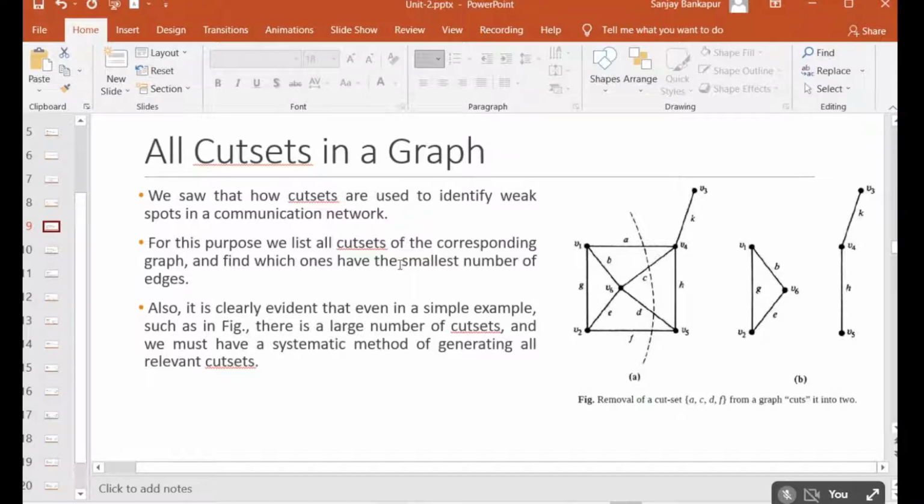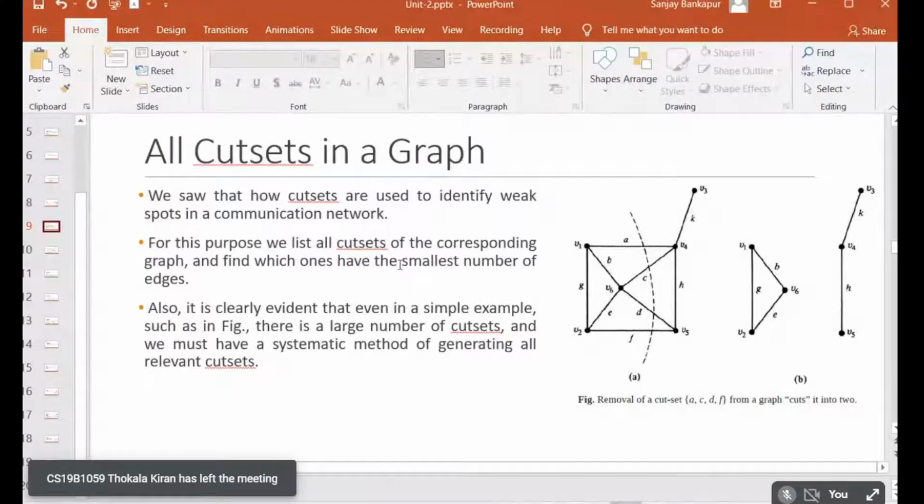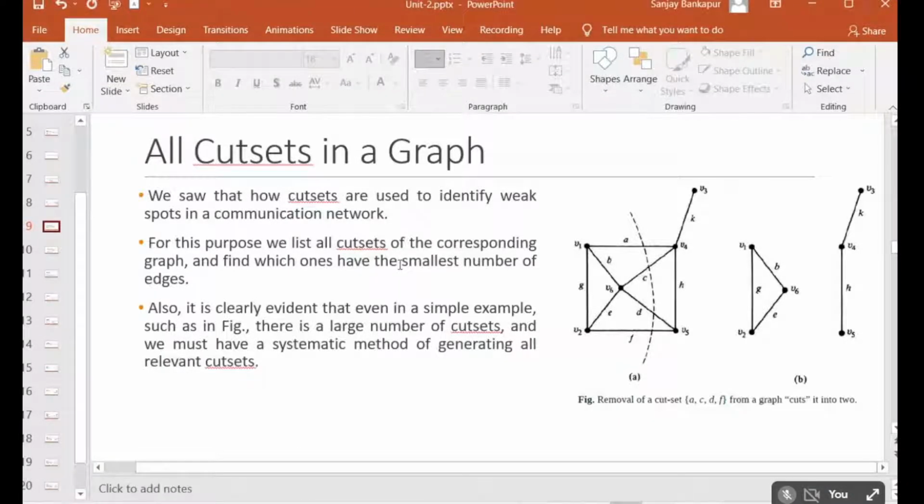For this simple example, it is clearly evident that even though the graph is very simple, it's not a simple graph. It doesn't have loops. It has a circuit definitely, but it doesn't have self loops.